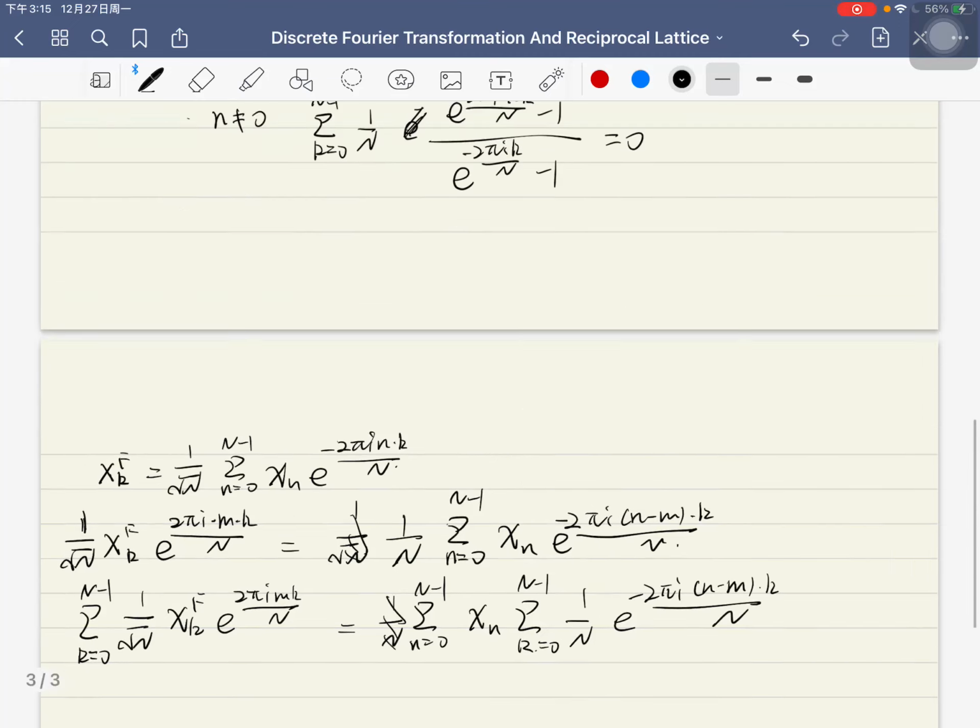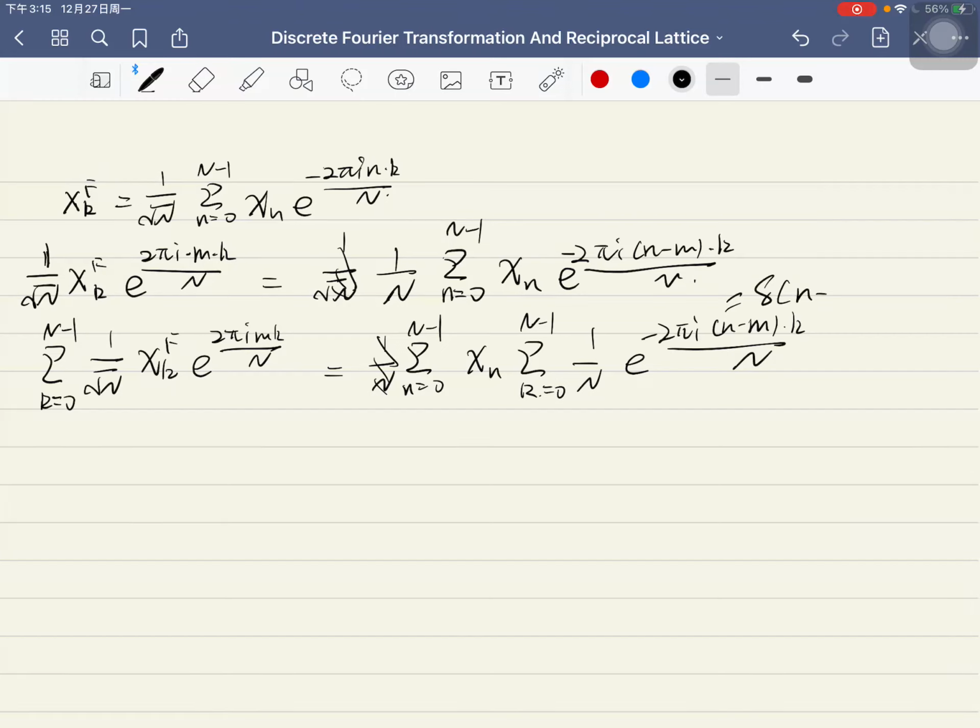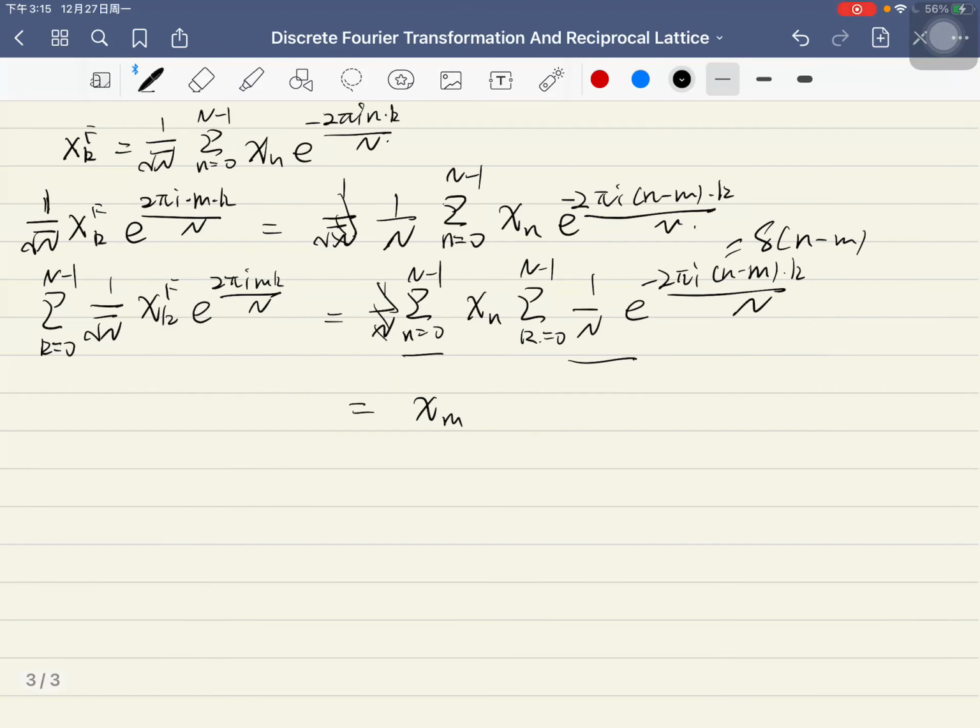By using this property, we know this is the delta function, so this equals delta of n minus m. And here we sum over n, so this term becomes x_m. So we get the inverse transformation.